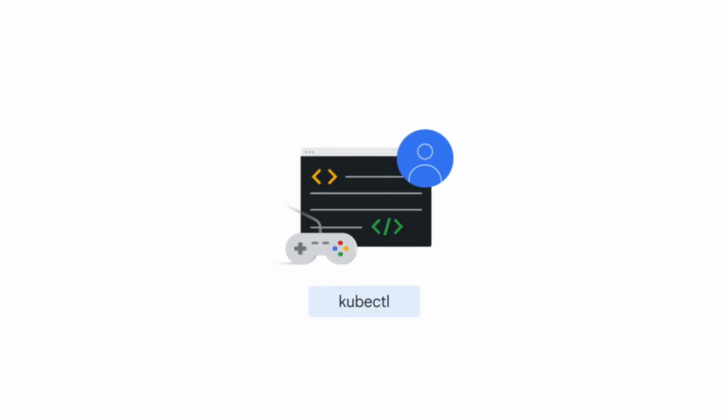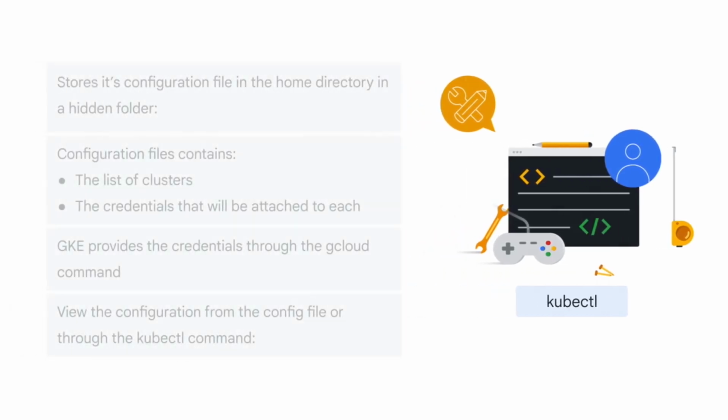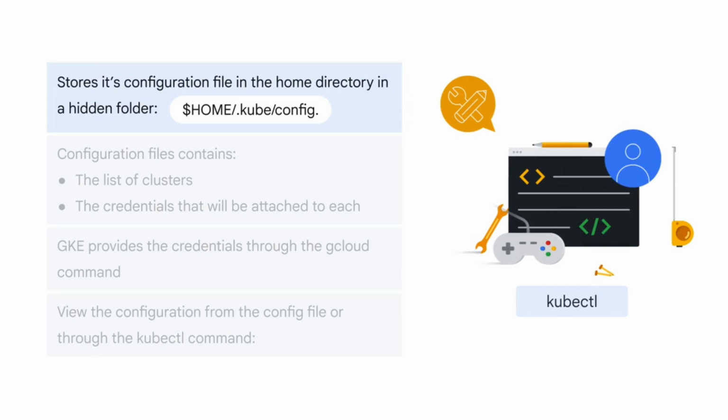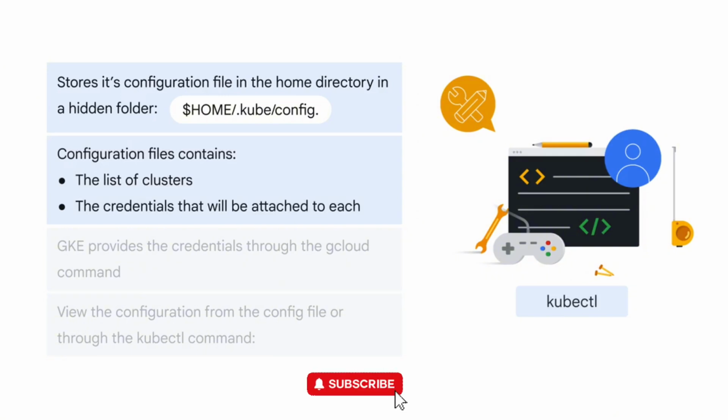And before kubectl can be used to configure a cluster, it must first be configured. kubectl stores its configuration in a file in the home directory in a hidden folder named .kube and contains the list of clusters and the credentials that will be attached to each of those clusters. But where do the credentials come from?